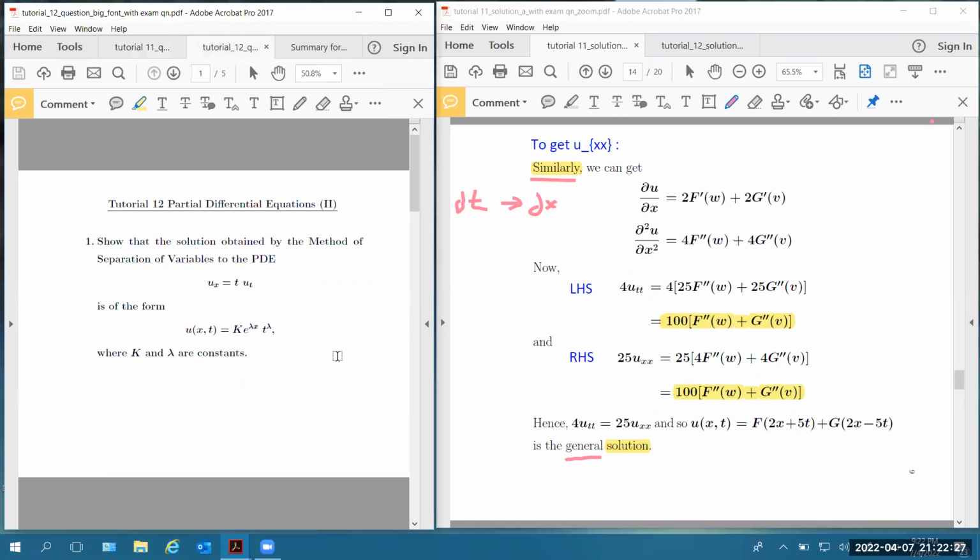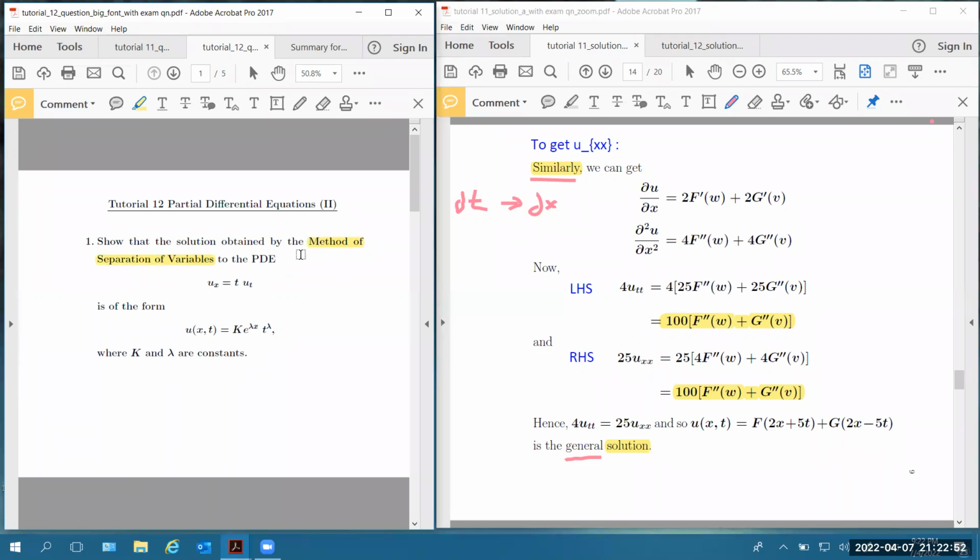Okay, class, let's do another question here. So now we are into tutorial 12. Yeah. So you want to show that the solution obtained by this method of separation of variables. So you see, wow, we got a new method here. Just now what we did is direct integration, right?